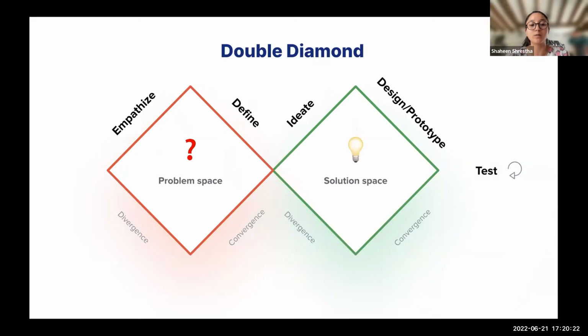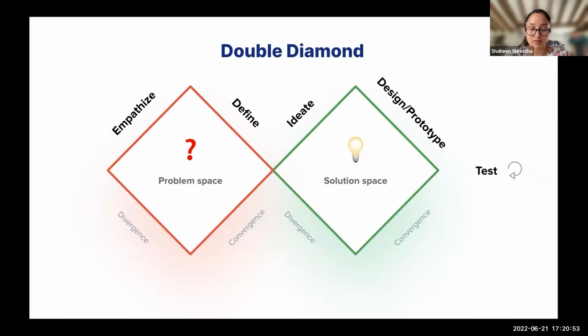We don't limit ourselves to certain problems or solutions. We don't think of that. We go as wide as possible. And then after that, as you can see, at define it's converging. Now after we have ample problem statements in our hand, we converge and try to come to one problem statement, so that it's easier to define.